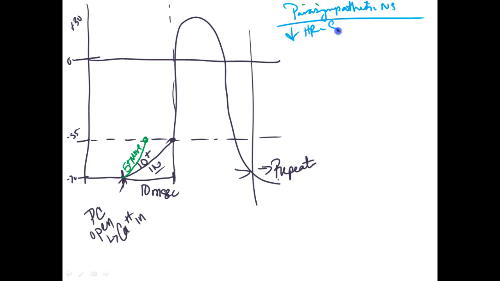And to do that, we need to slow down how long it takes to reach threshold. So we need it to take longer to reach threshold. Let's go ahead and write it that way. So it must take longer to reach threshold.